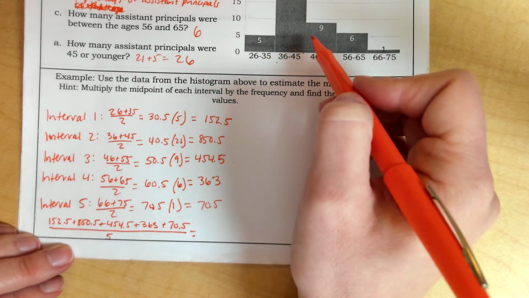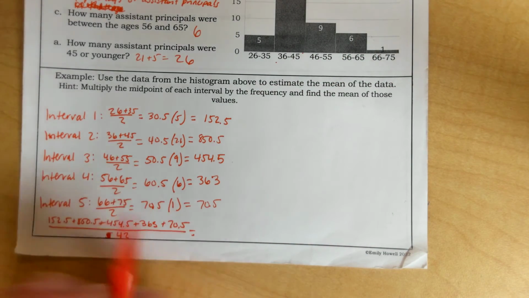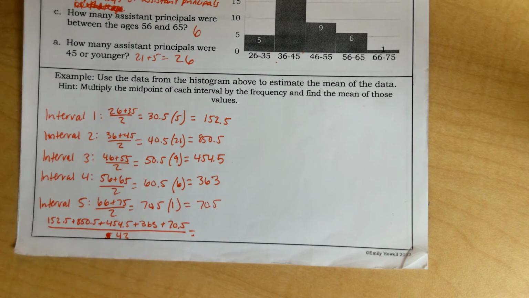There's 21 and 5 and 9 and 6 and 1, which is a total of 42 assistant principals.